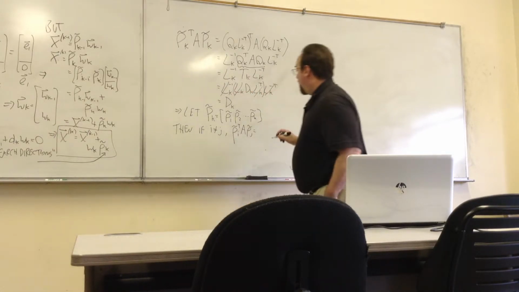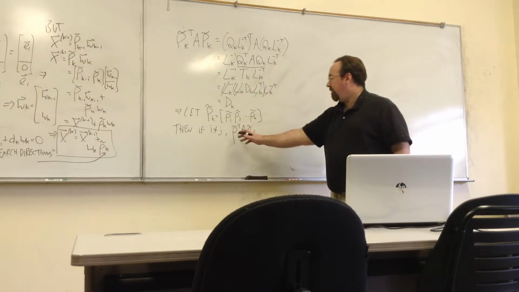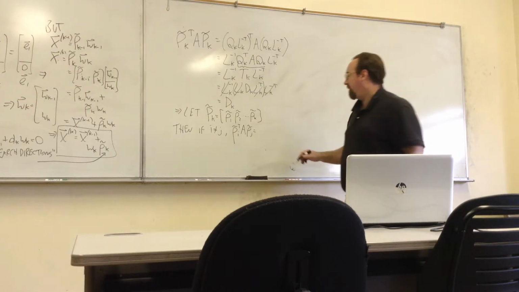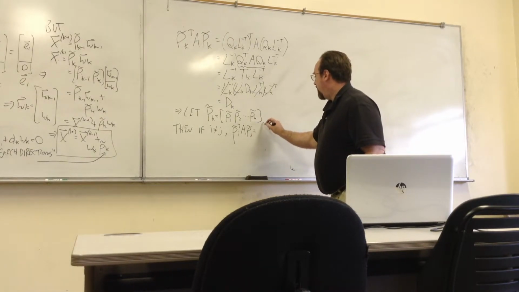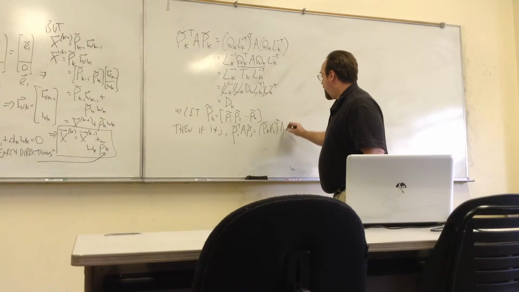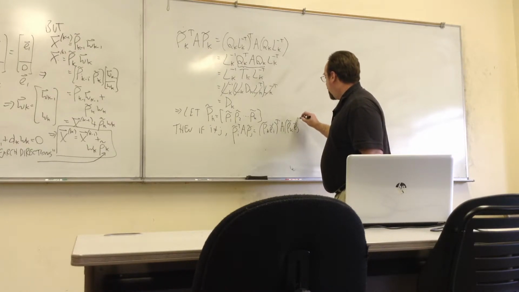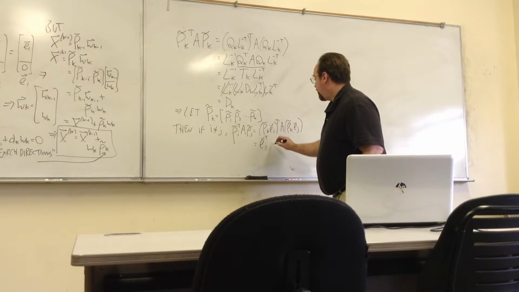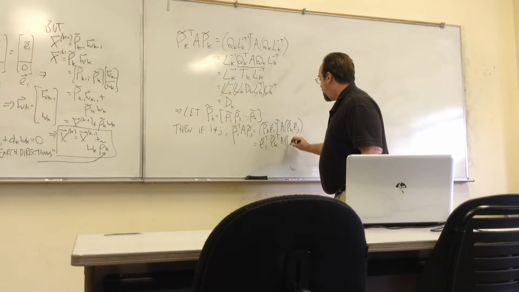Well, these are the ith and jth columns of the matrix Pk tilde. So that would be Ei transpose Pk tilde transpose A Pk tilde Ej.